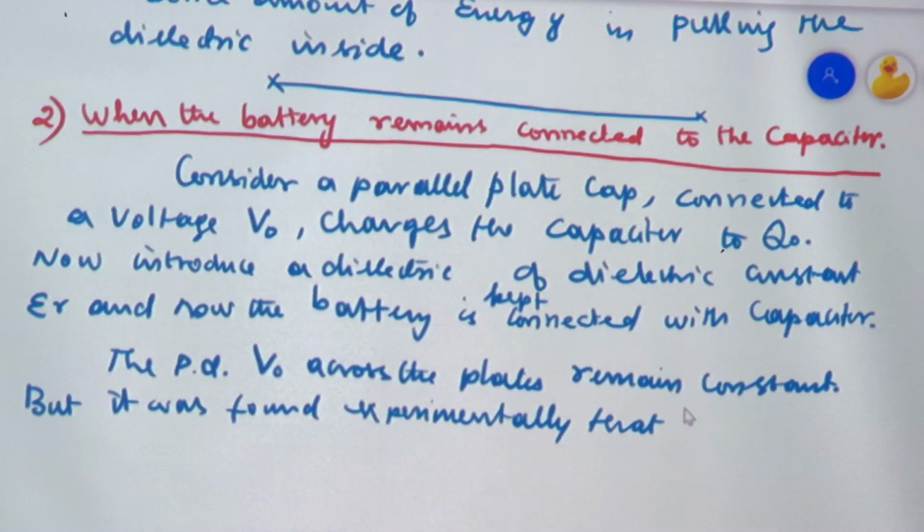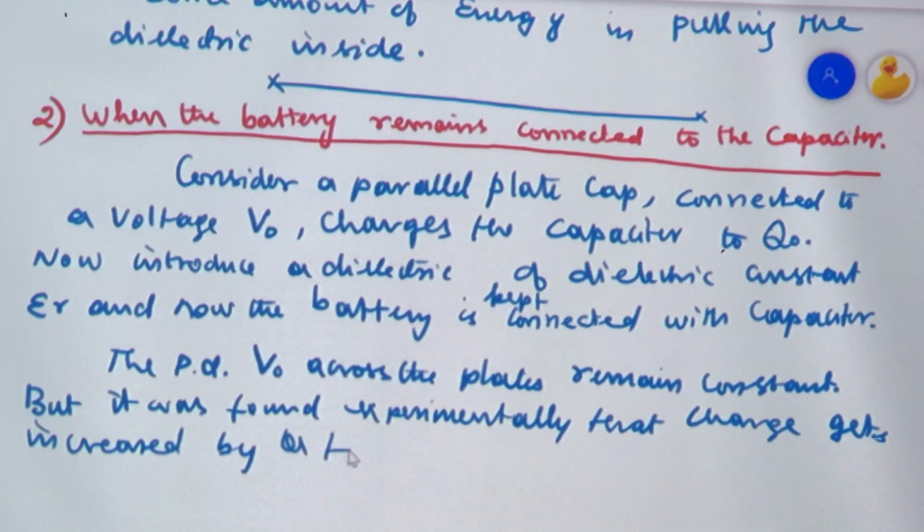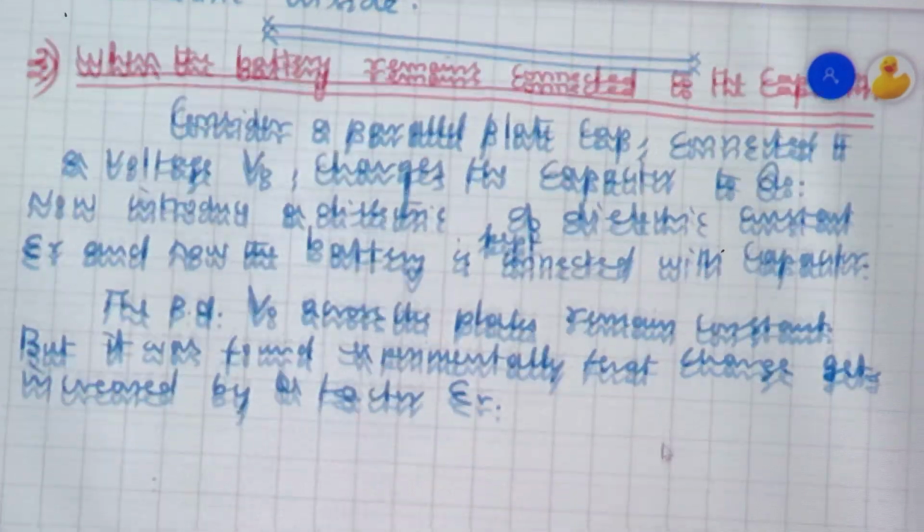But when the battery remains connected with the capacitor, it was proved experimentally that the potential difference remains constant and the charge gets increased by a factor epsilon r. For this there are some experimental studies. So how can you write the value of Q?